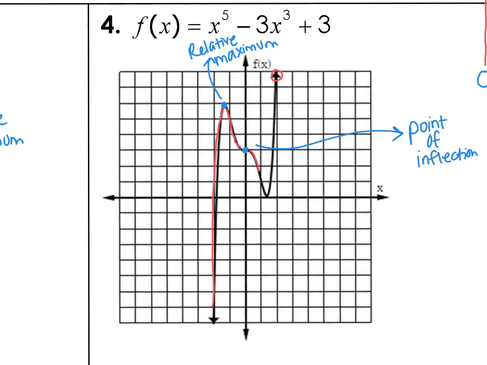And that looks like it's at the point 0, 3. All right, if we continue, I'm going down, and then I do here have a point where I change direction and go back up. Again, this is a minimum value, but it's not the minimum value on the graph because I do go down to negative infinity, so we're just going to call this one a relative minimum.